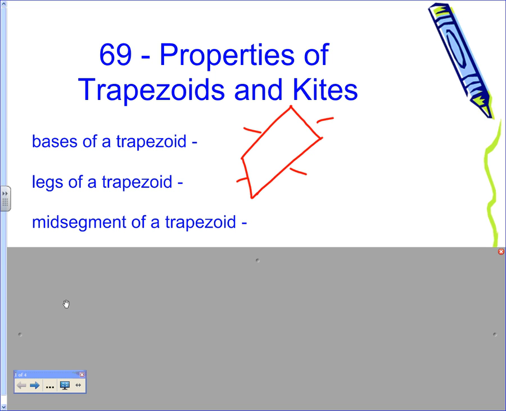It only goes to the legs. You can't have a mid-segment of the bases. Okay, only to the legs.